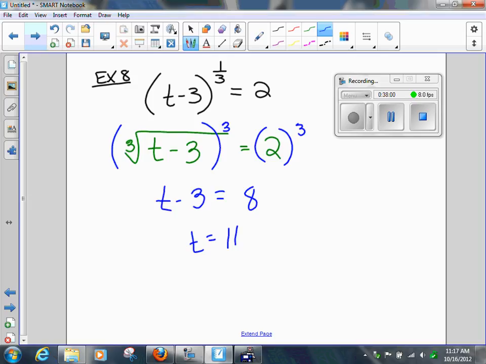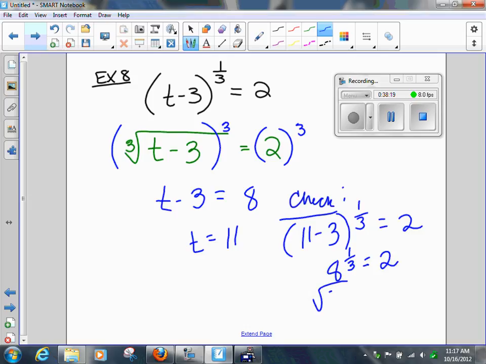And now we're going to check it on paper, right? Sneaky McSneakyston. 11 minus 3 to the 1/3 power. Or you could put it under the cube root. What's 8 to the 1/3 power, or the cube root of 8? It is 2, so we do have the correct solution. Questions, folks? Isn't this easy?